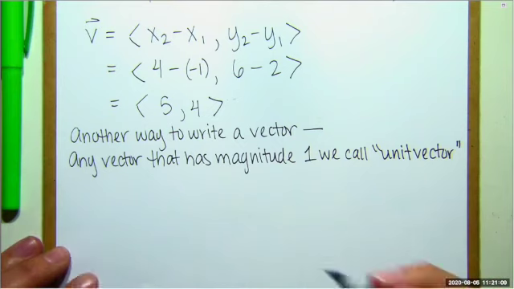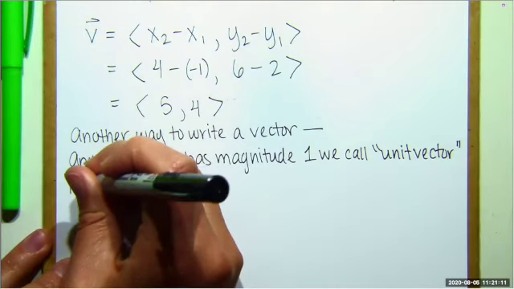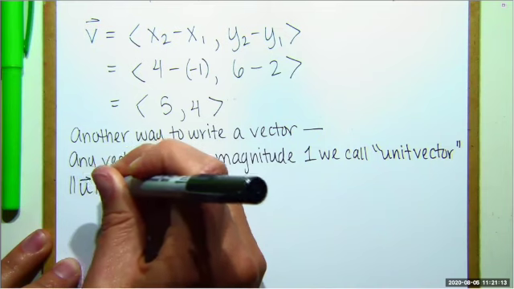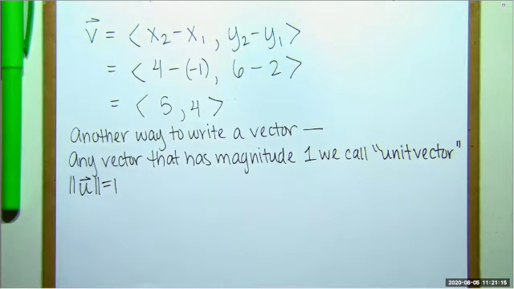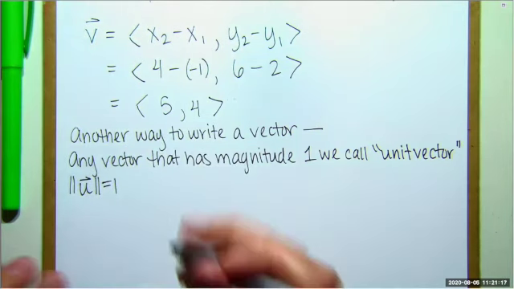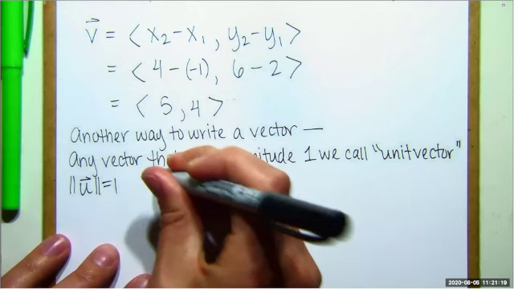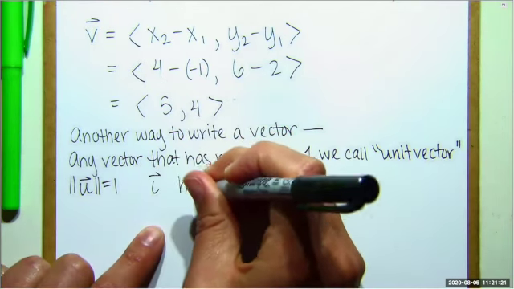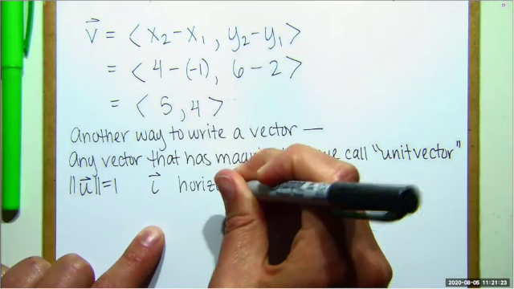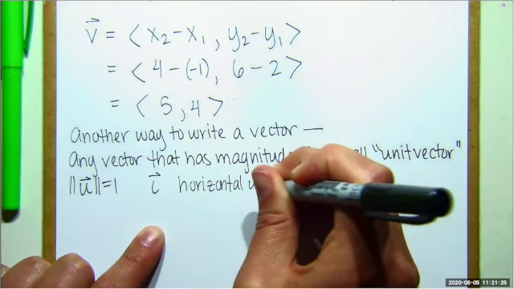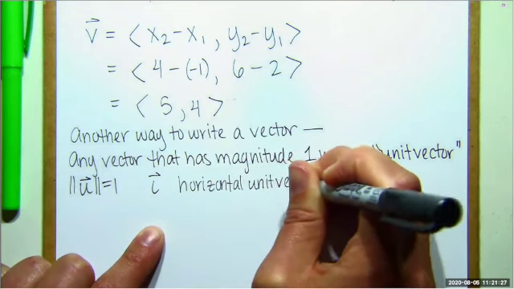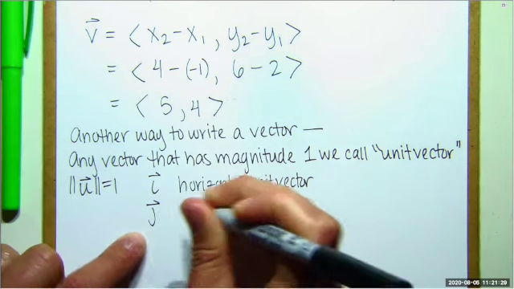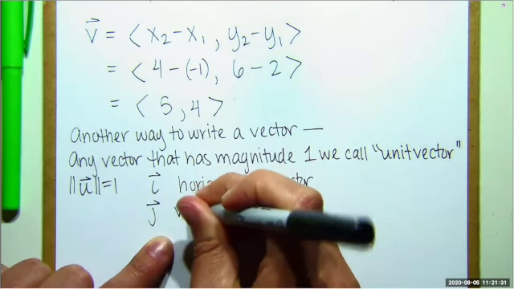The magnitude of a unit vector, we usually write that as u, is equal to 1. We have two special unit vectors. So i is our horizontal unit vector. And j is our vertical unit vector.